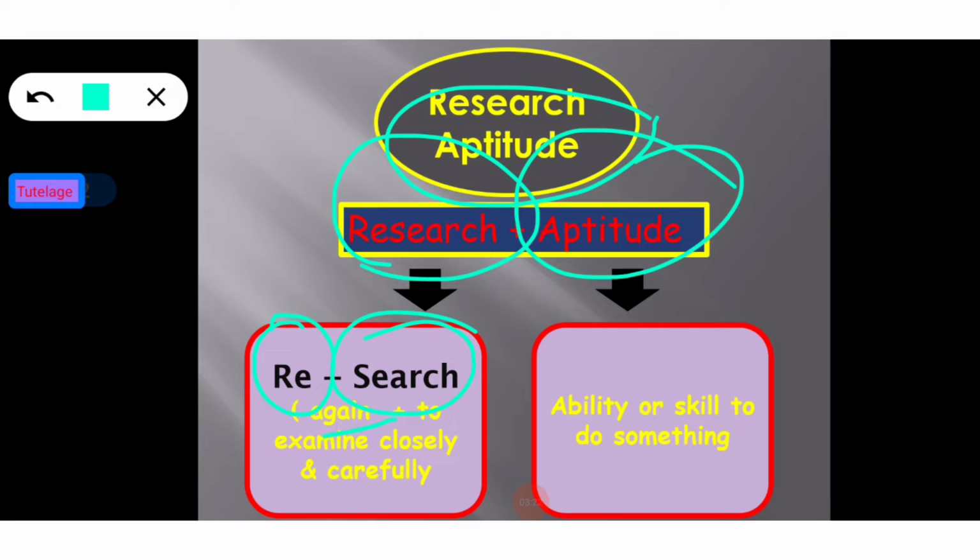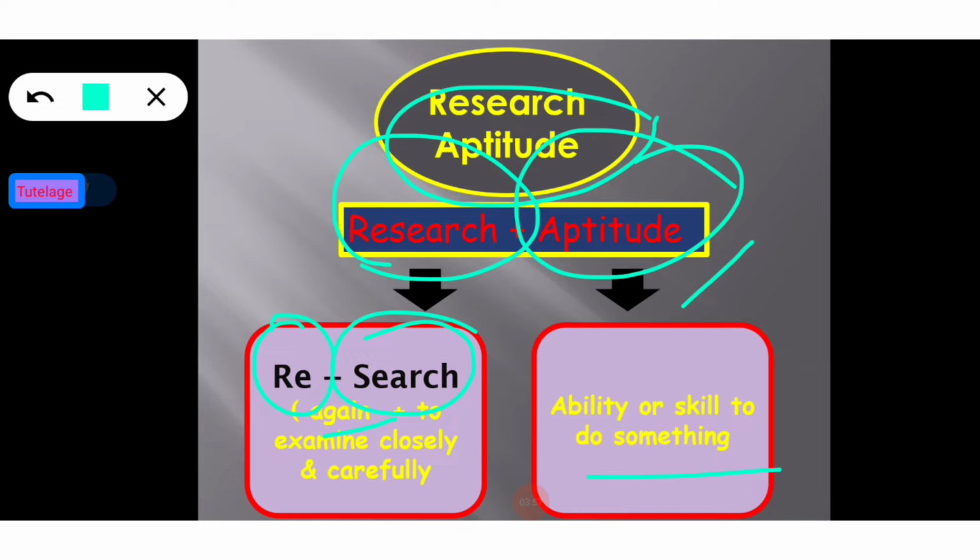Now let's move on to the next word, that is aptitude. Aptitude means ability or skill to do something. So research aptitude means the ability or skill to systematically, carefully, closely examine a situation or a procedure or an activity for the formulation of generalizations and theories. I think what research aptitude means is clear.